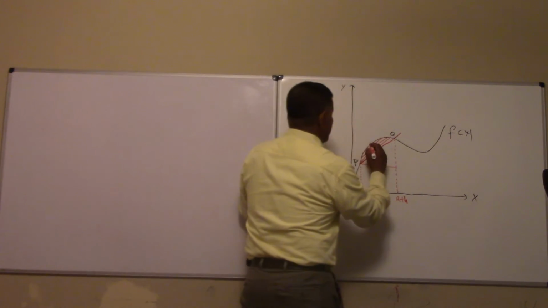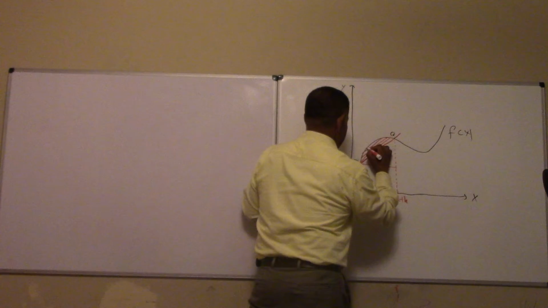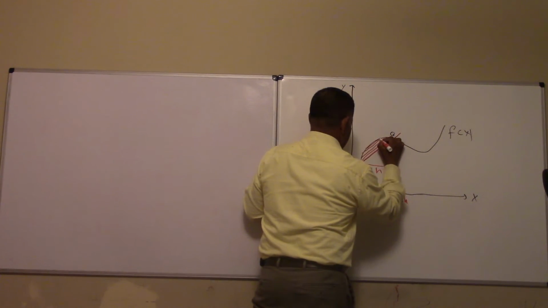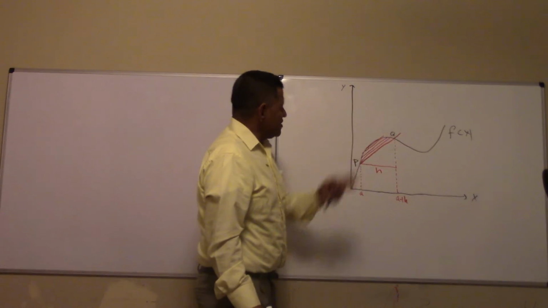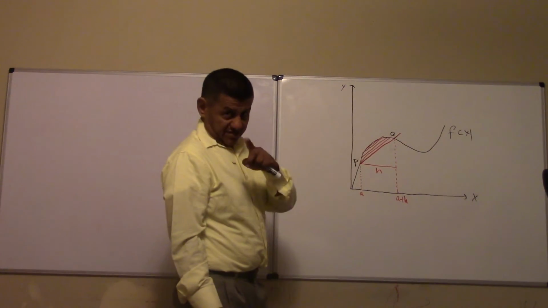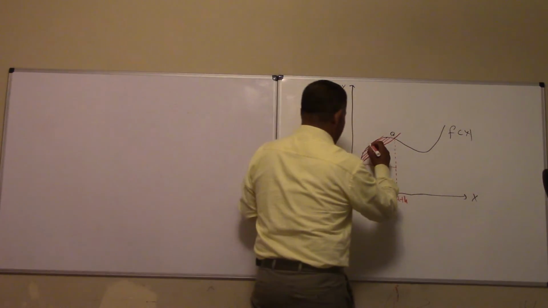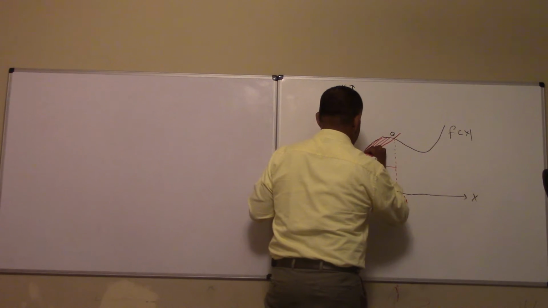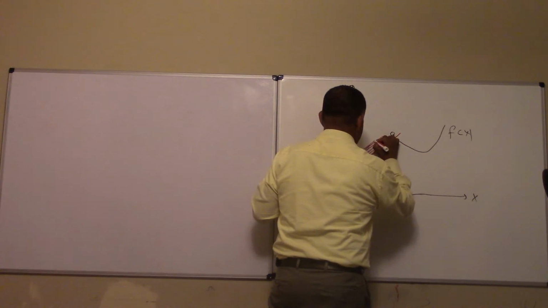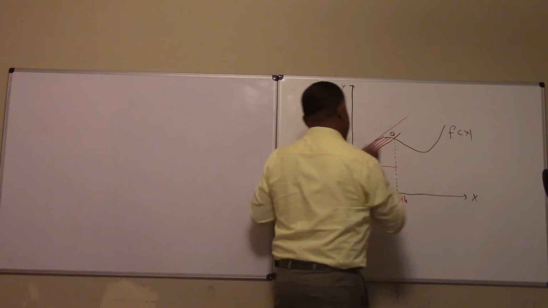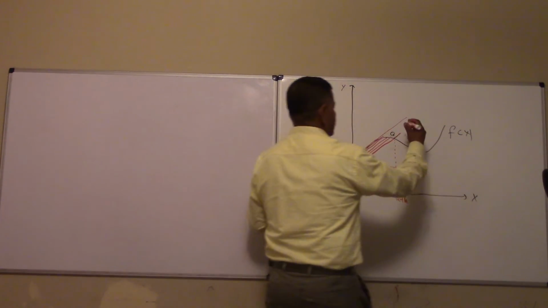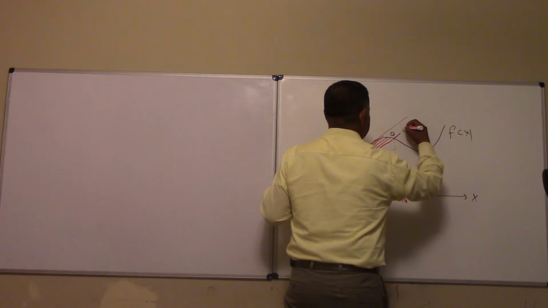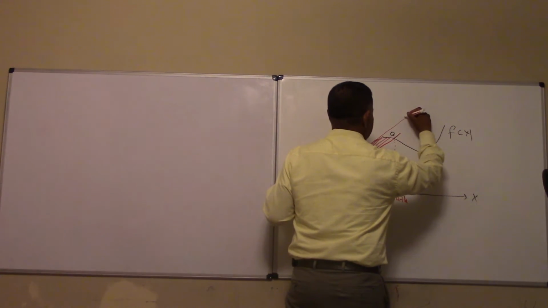Now I can make another secant line, and then the next one is going to be touching, and that is called the tangent line.